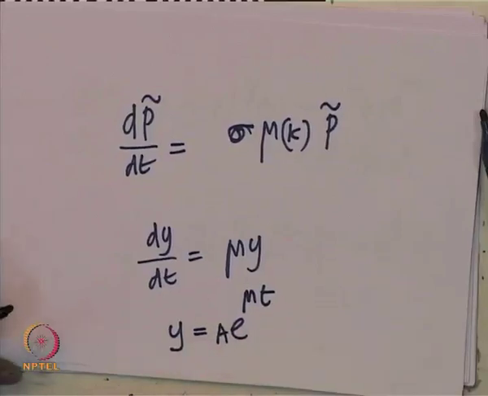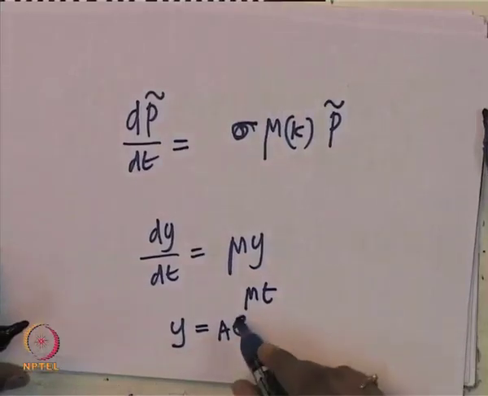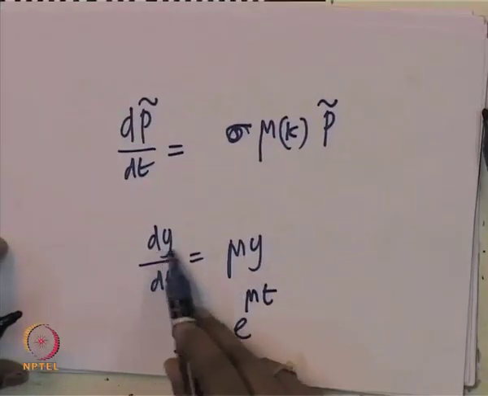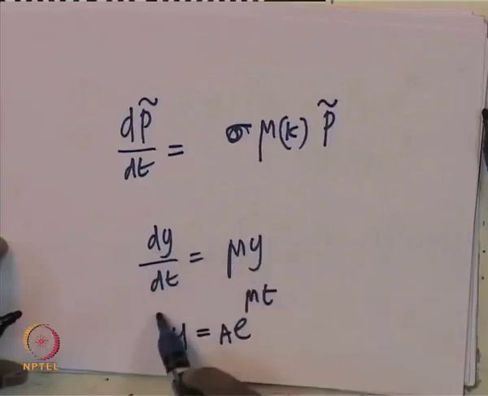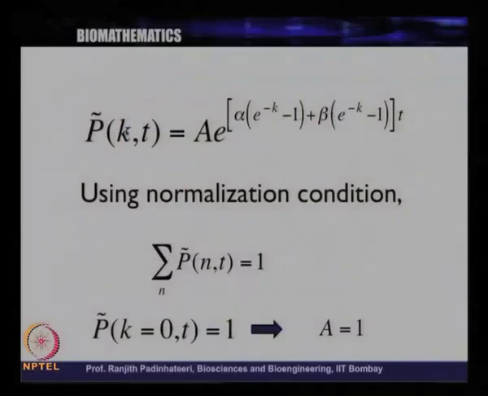This is something we discussed some time ago in differential equations, because you can take this mu y downstairs, integrate both sides, and you will find that this is an exponential solution.